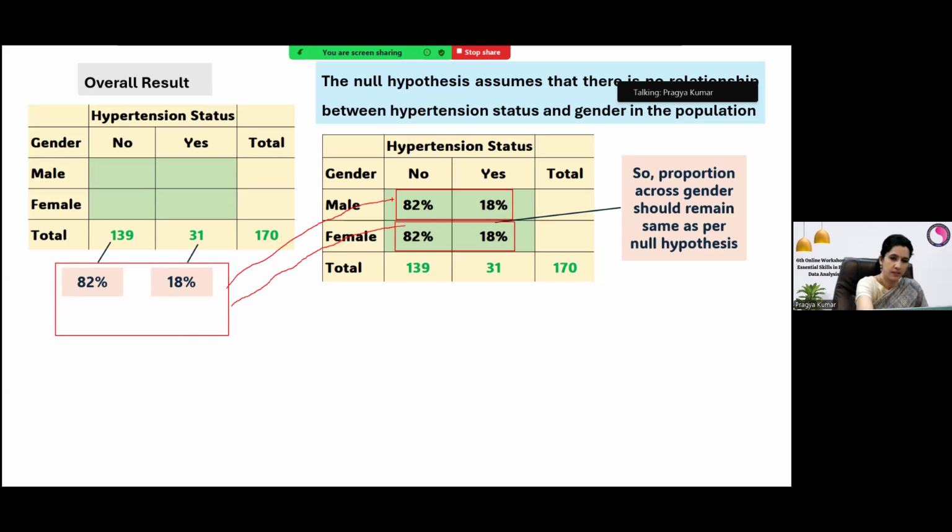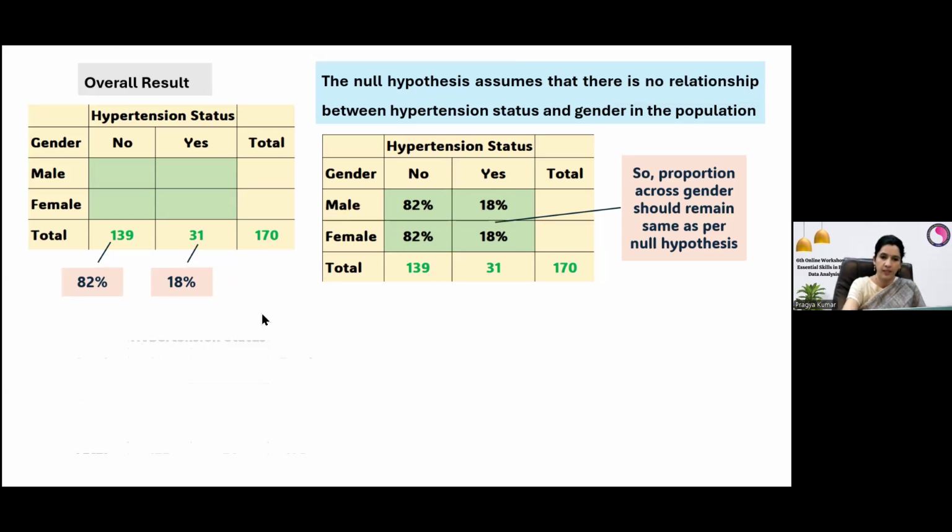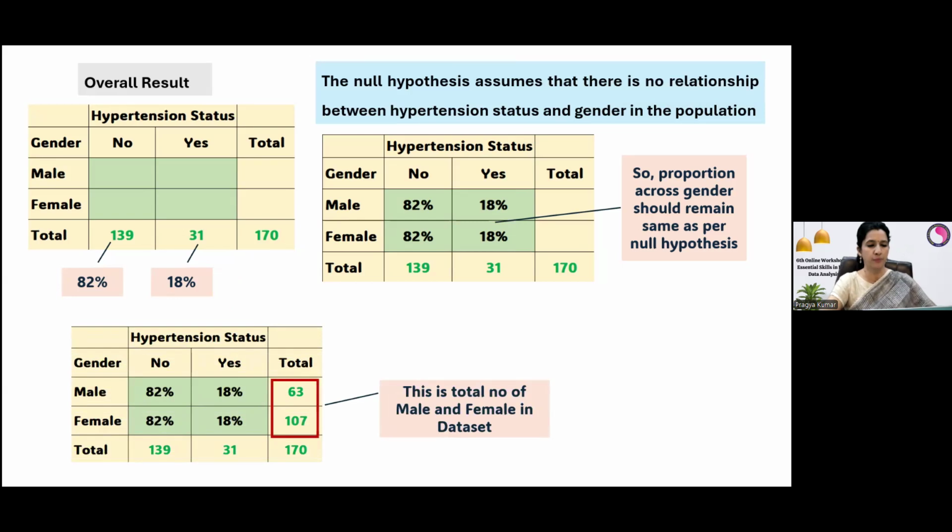Now, if you apply the same proportion to this, the total number of females is 107 and the total number of males is 163. Males were more, no? Maybe there is a typo error in the numbers, but females are fewer and males are more.